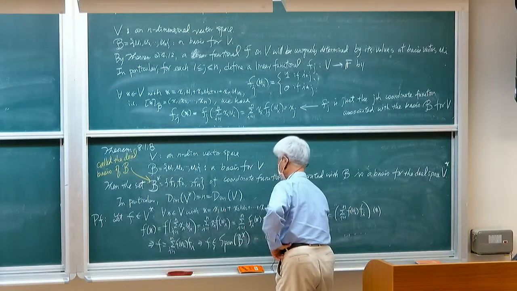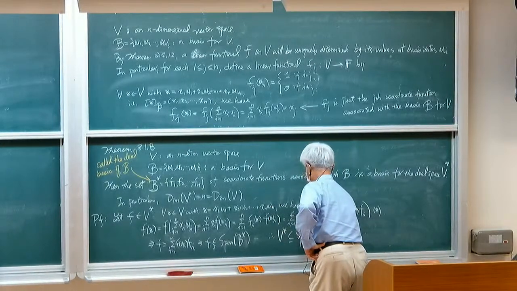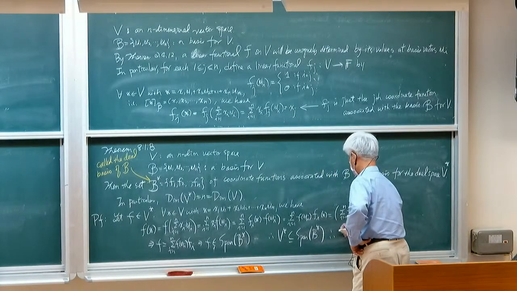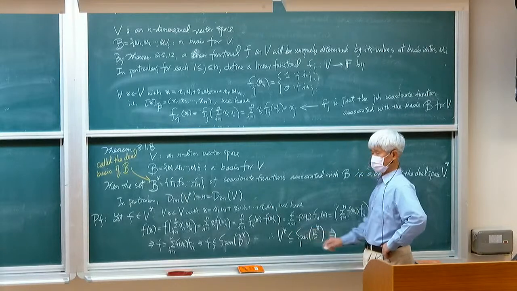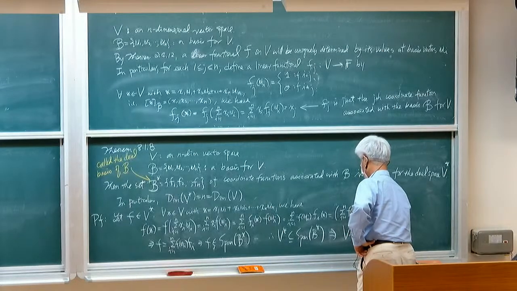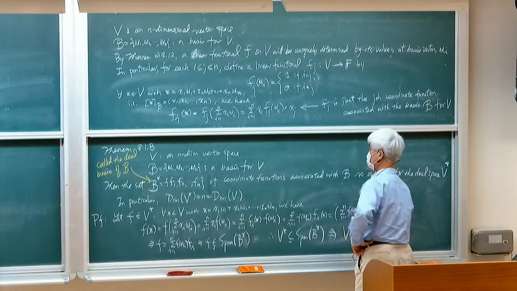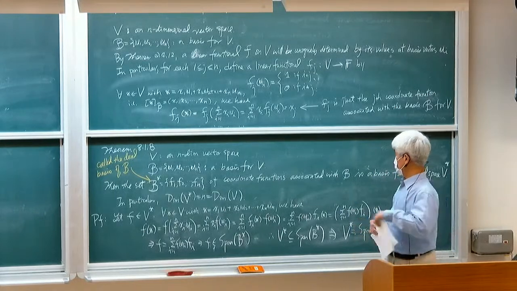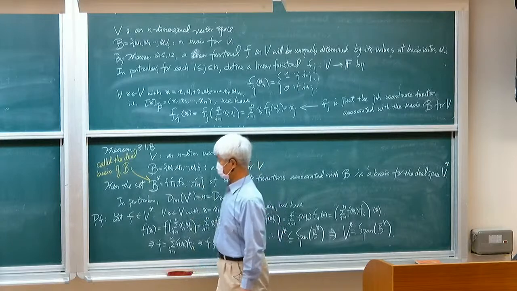Because the span of B star is a subset of V star, we have that V star is equal to the span of B star. So this is the first step: B star is a spanning set of V star.